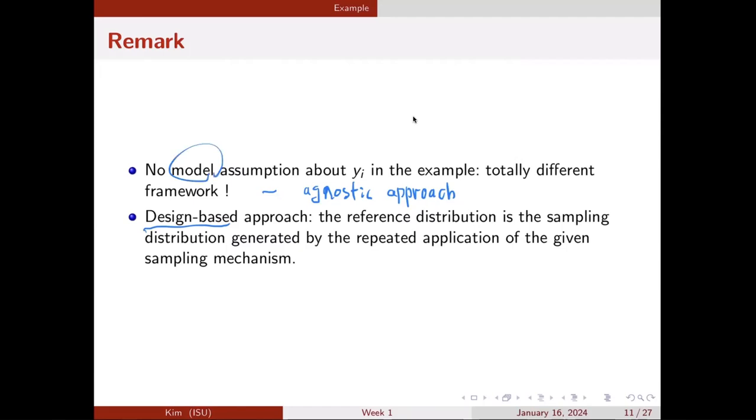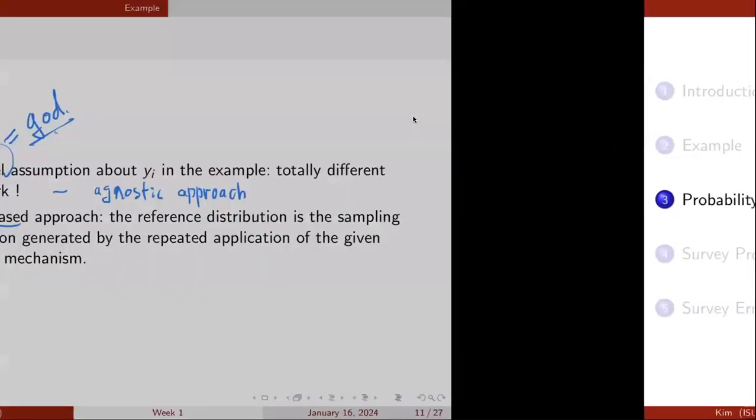So the model is God. That means only God knows the true model. So agnostic means we don't rely on God, we don't rely on a model to make an inference. So in some literature they use the agnostic approach instead of the design-based approach. Okay.